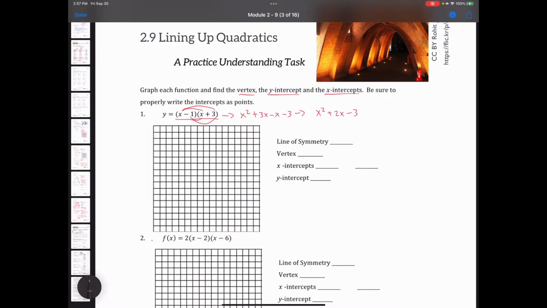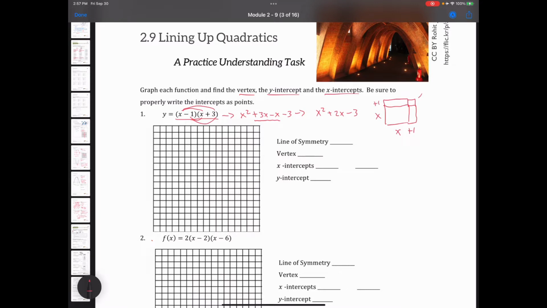Now also, what this foiling does is tell me the side lengths of this rectangle, so I can figure out what I need to do in order to make this a perfect square, right? We've completed the square a little bit, so I can say, if I have 1x on either side, a perfect square would just be 1, right?